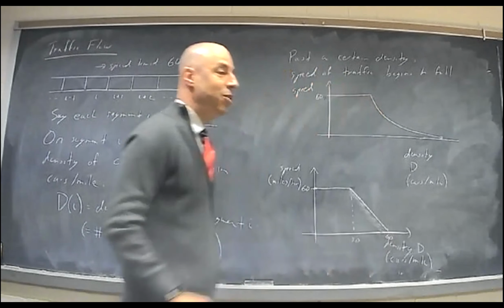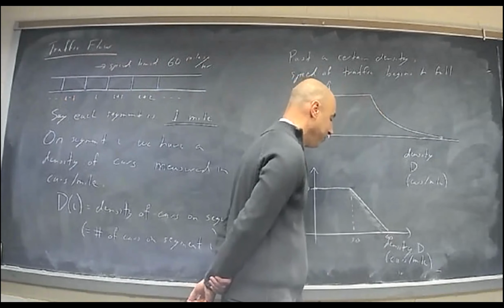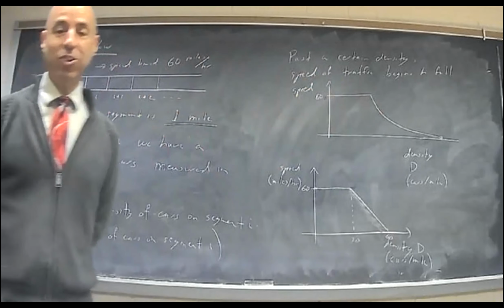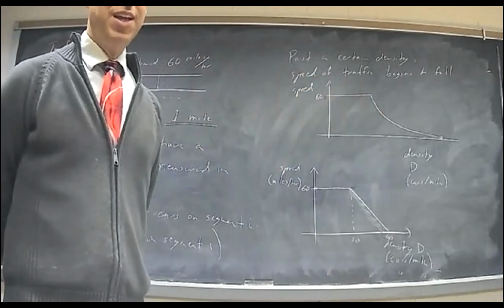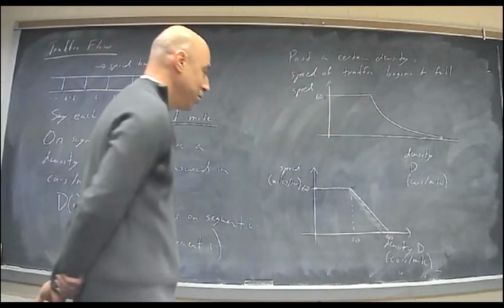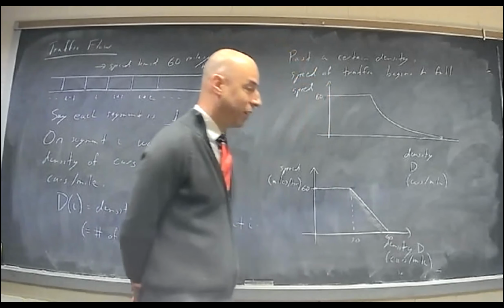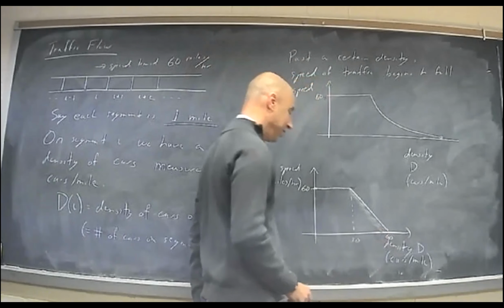Now, actually, you can have cars much closer together than that before they really reach a dead stop. It's going to take probably around twice that in a real world situation before the cars are basically not moving. But we'll just stick with 60, just to make our lives very easy.